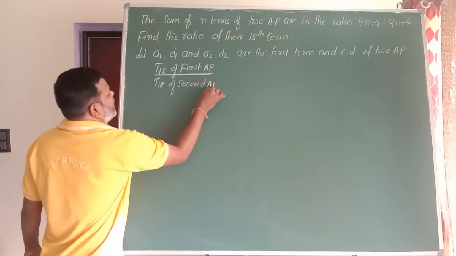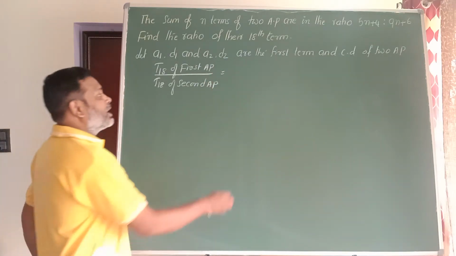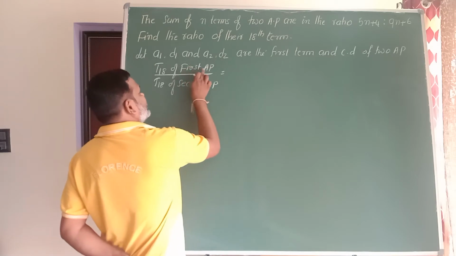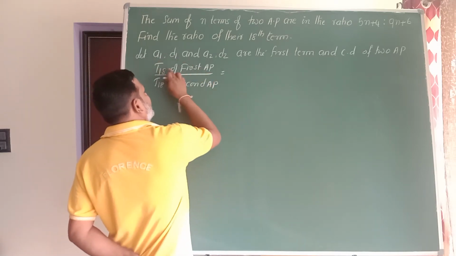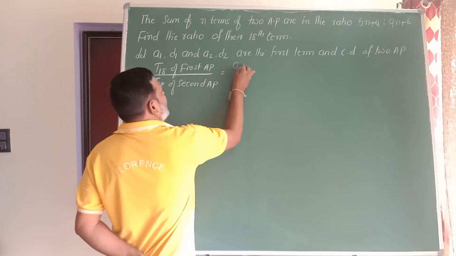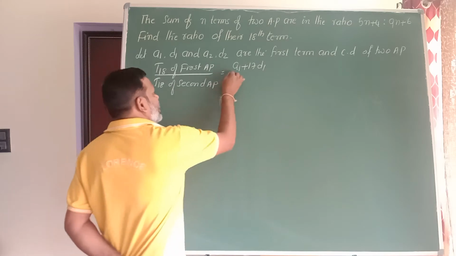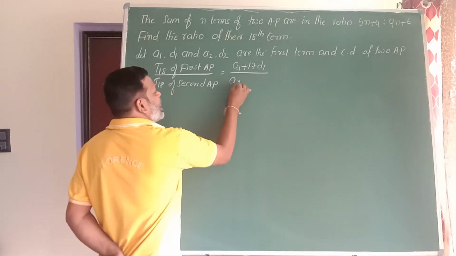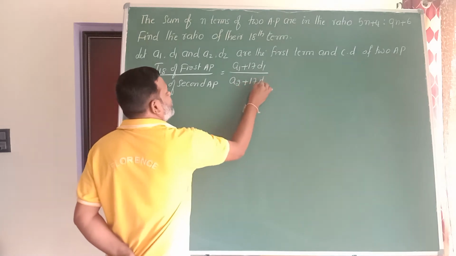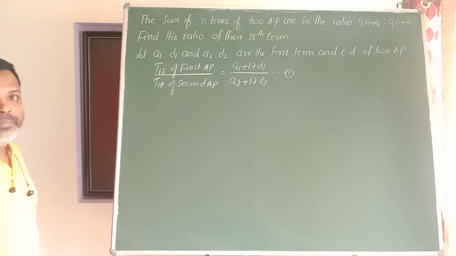Very important, very easy. Now I am going to write that T18 is given by, as you know, for the first AP, first term is a1, common difference is d1: a1 plus 17 d1, divided by T18 of second AP, how can you write? a2 plus 17 d2. Let it be equation number 1.